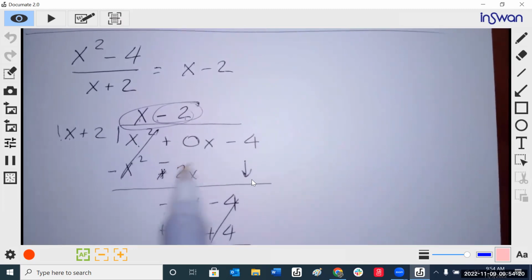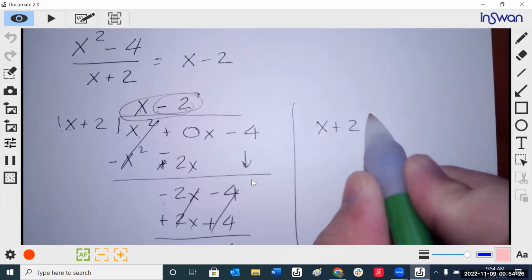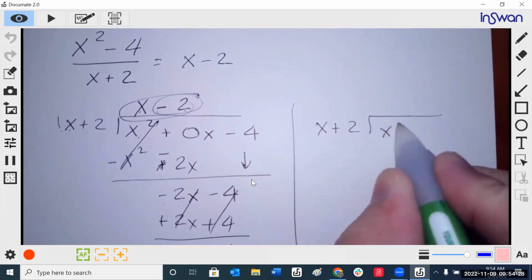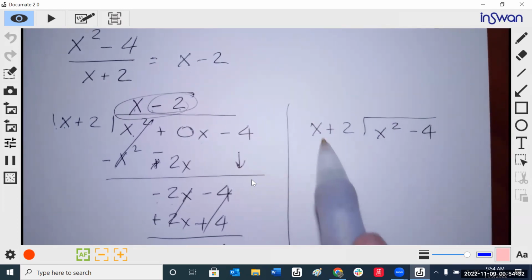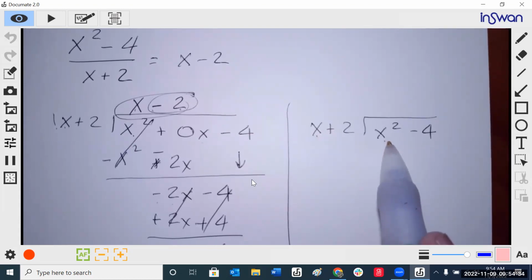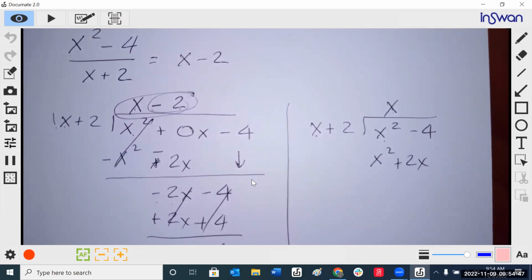Let me show you why it was important to put that 0 there. What times x gives me x squared? So x times x is x squared. X times 2 is 2. Well, I can't combine these. I'm now bottlenecked.